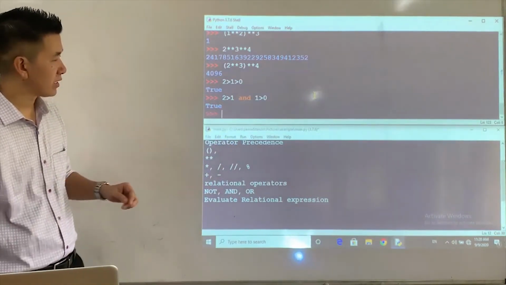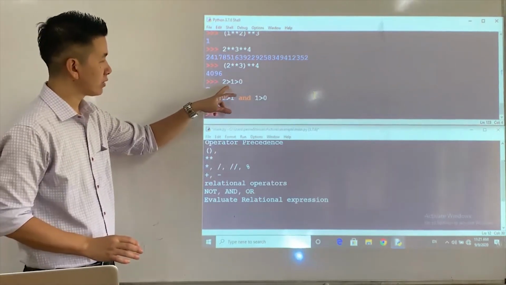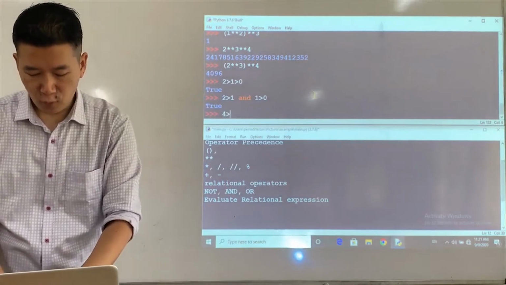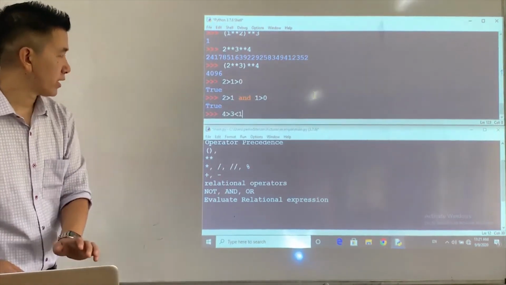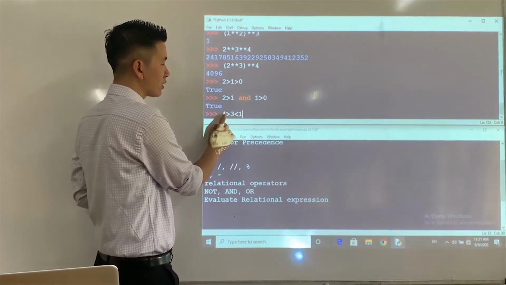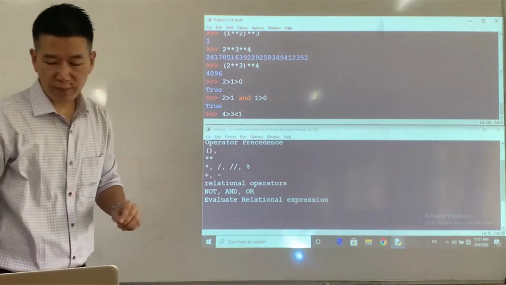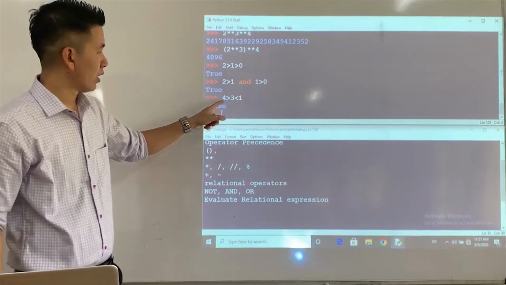When you press enter, it works out the same. If I come up with another example, say 4 greater than 3, and then 3 less than 1. 4 is greater than 3, and 3 is less than 1. When I press enter, I'll get the answer as false.